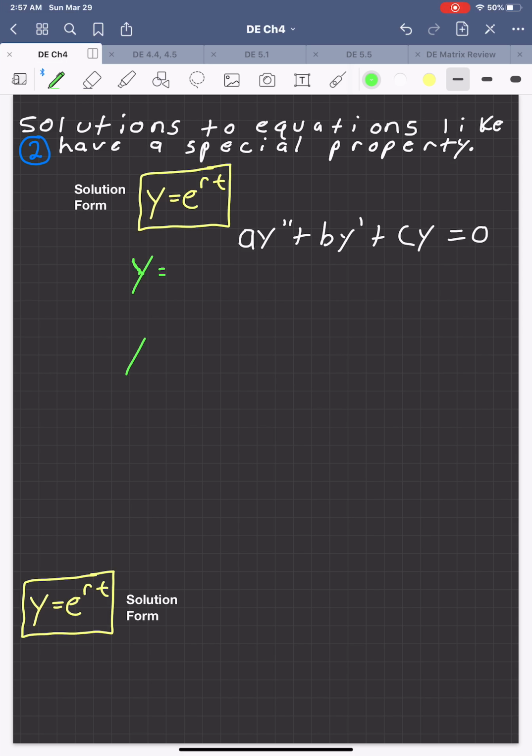Then I'm going to take the second derivative of y. And then I'm going to plug them into this homogeneous second order differential equation. Okay, you ready? So we're going to take the derivatives, and these derivatives are going to be with respect to t.